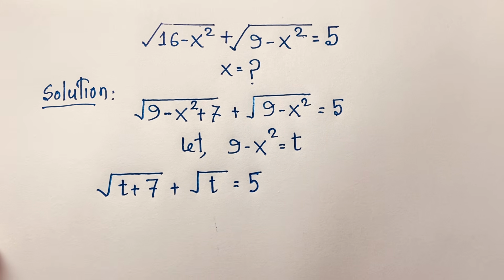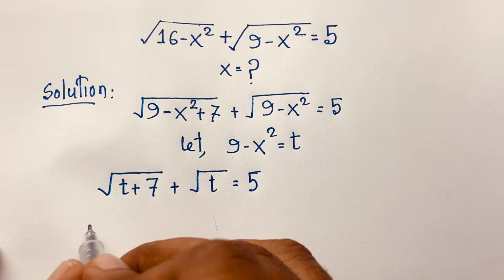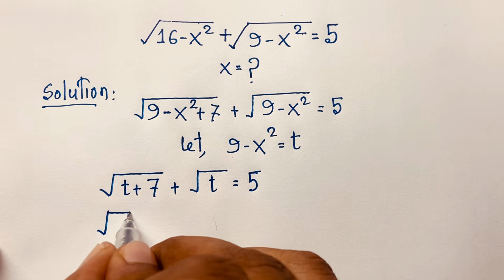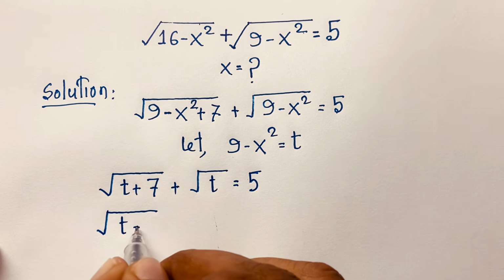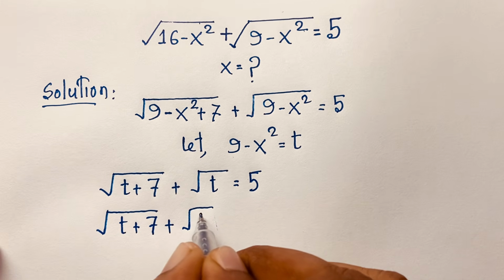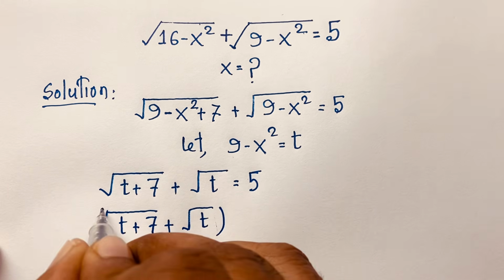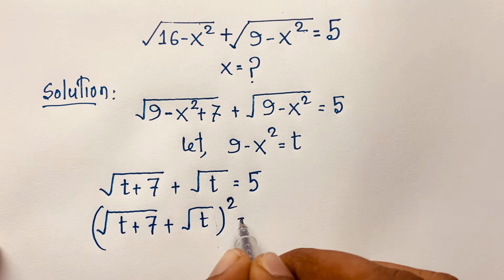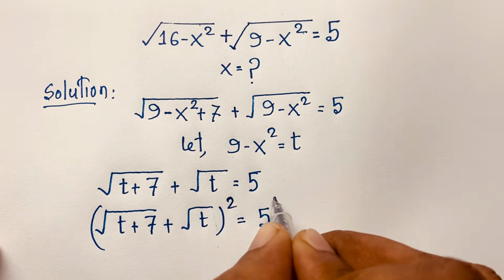Now at this moment I use both side whole square, so which is square root of t plus 7 plus square root of t, bracket power is 2, is equal to 5 power is 2.